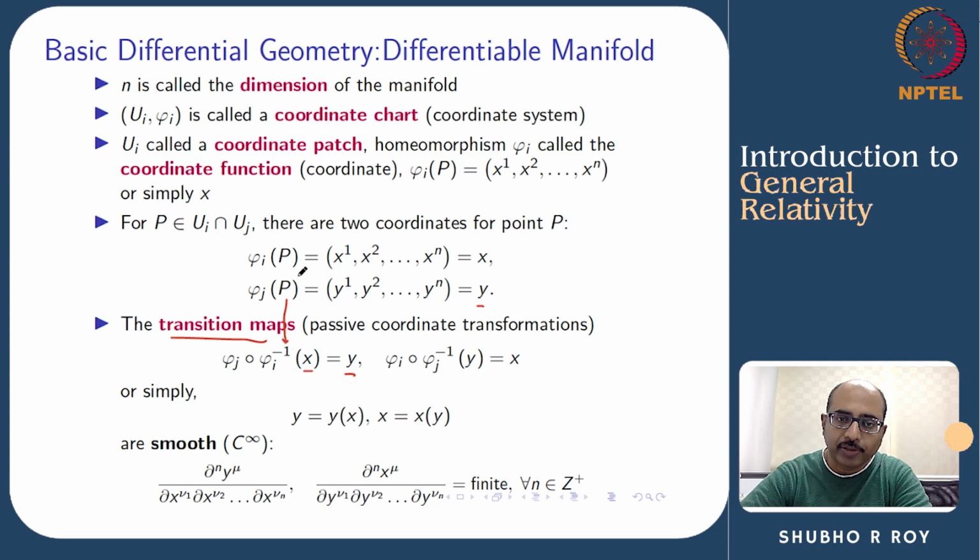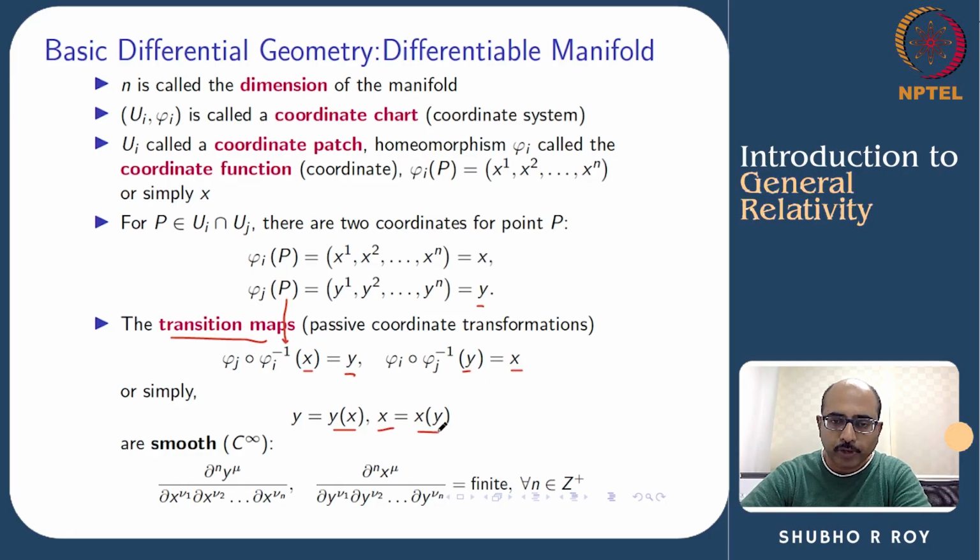We can do the opposite thing: invert this to get P as phi j inverse of y, and then plug in the argument here. So I get phi I of phi j inverse of y is x. That gives you the coordinates x as a function of the coordinates y. So in simple language, the first equation gives y as a function of x, and the second equation gives x as a function of y.